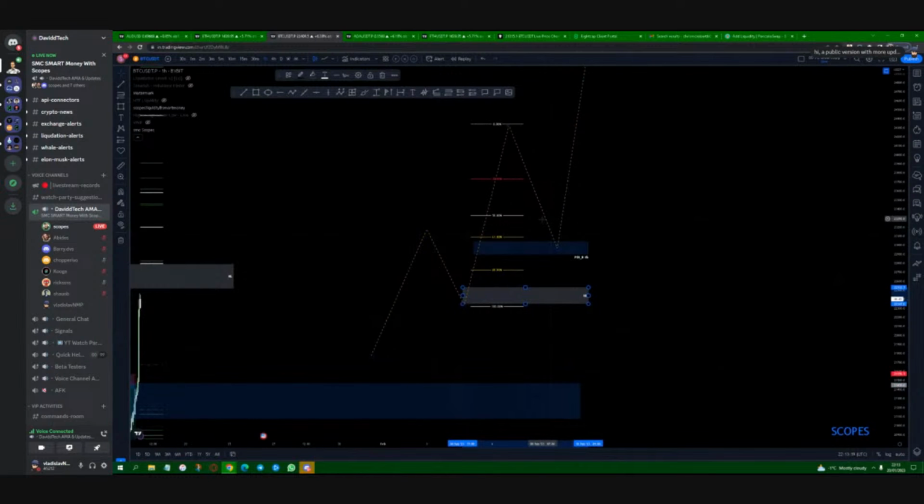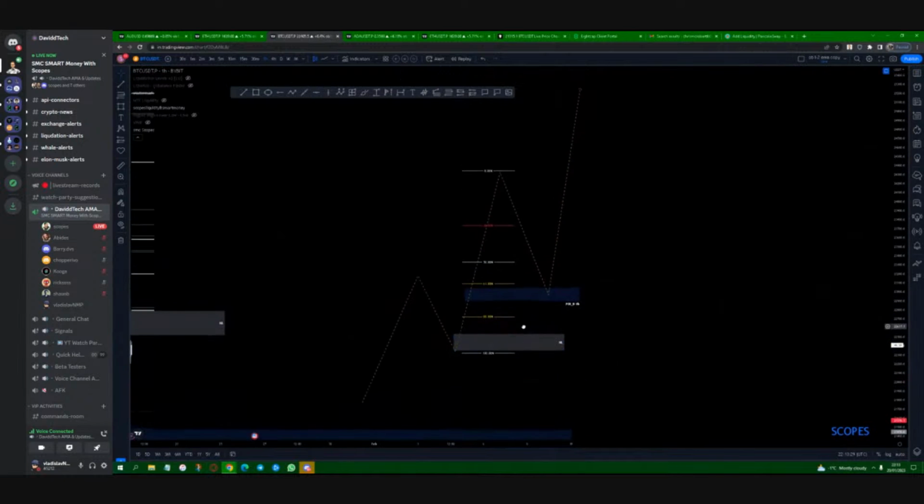If the people in control decide that they want to kill everybody from here, they've also got this last zone as a backup.